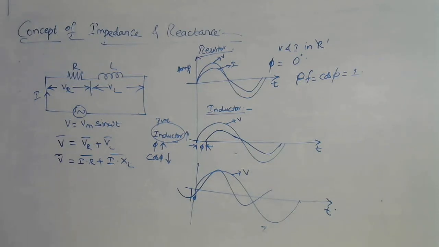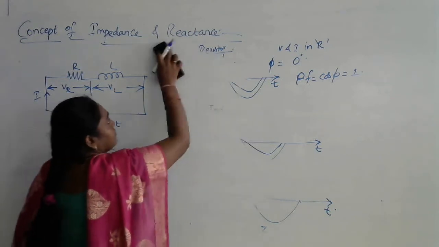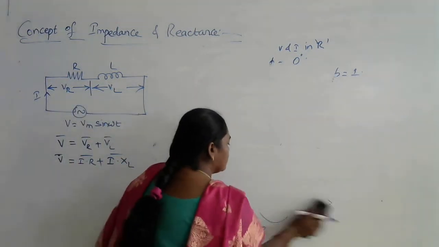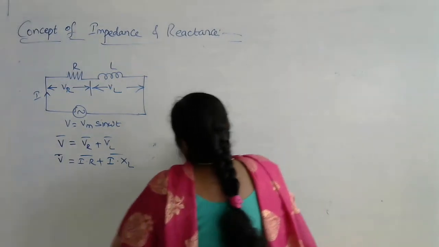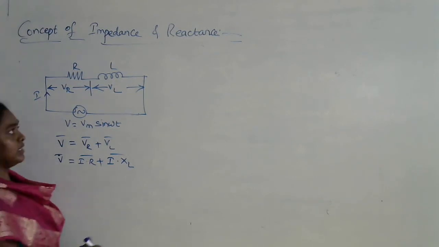Now if you want to draw the phasor diagram for this circuit, which consists of an inductor as well as a resistance component, the first step we need to follow is to take the current as a reference axis. Why do we take the current as the reference axis?